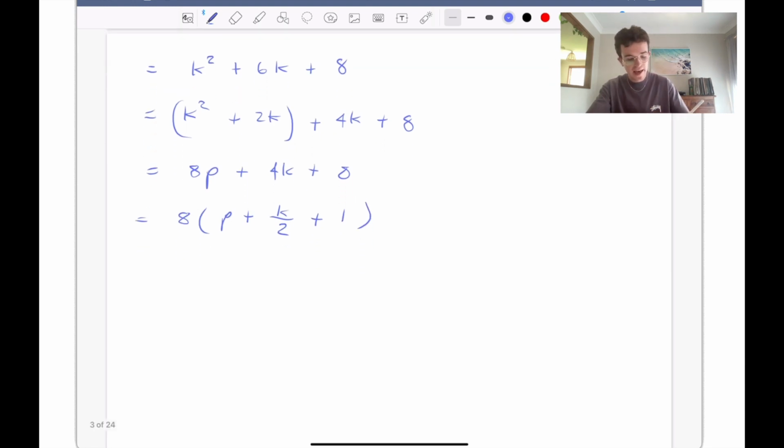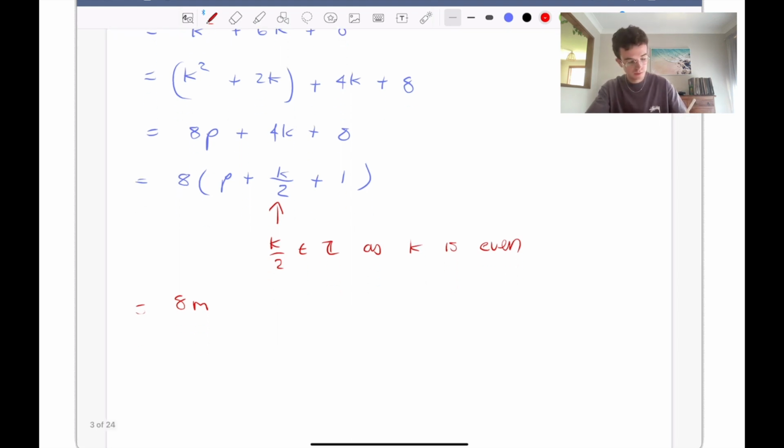Now we know that k is even, so k on 2 is an integer, so therefore this is equal to 8m, which is divisible by 8. So we're done there. So therefore 8m is divisible by 8, so we're proven by induction. Now just because I'm sick of writing today, I'm not going to write the whole end of the proof, so I'm just going to say therefore true by induction.